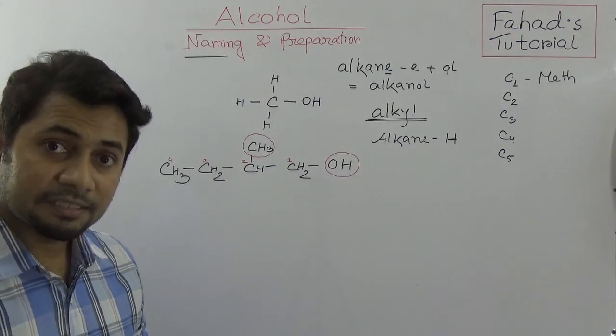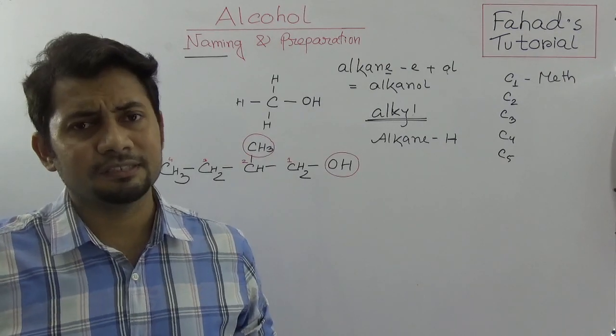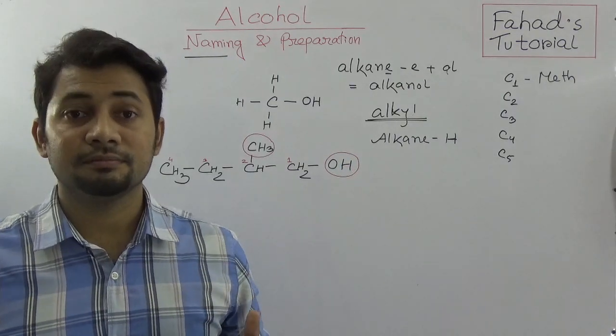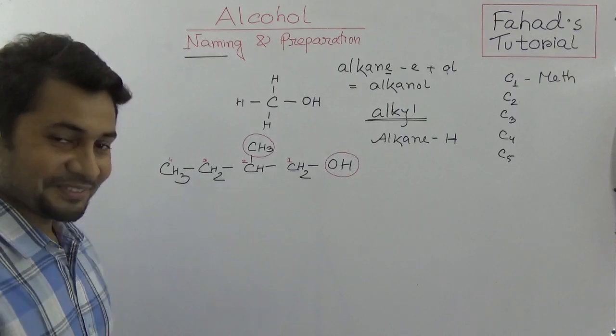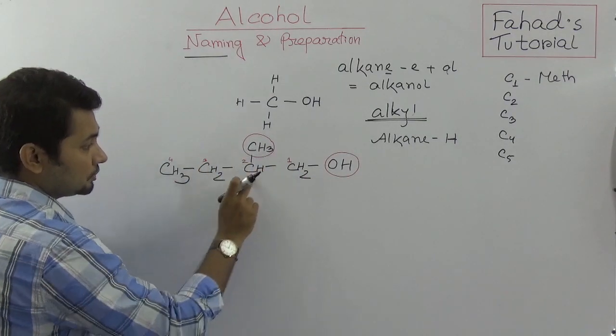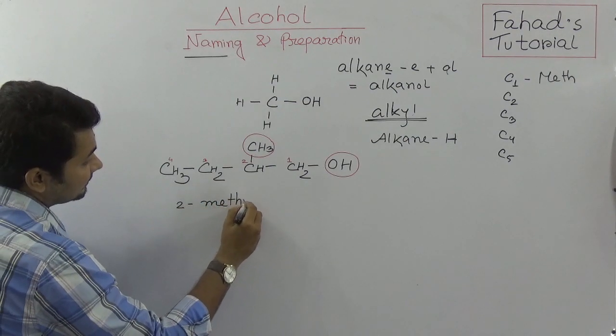So we will name it. Previously, we know that according to the IUPAC system, we have to say first prefix and then word root and then after that suffix. So according to the rules, the prefix is here 2. So this should be 2-methyl.